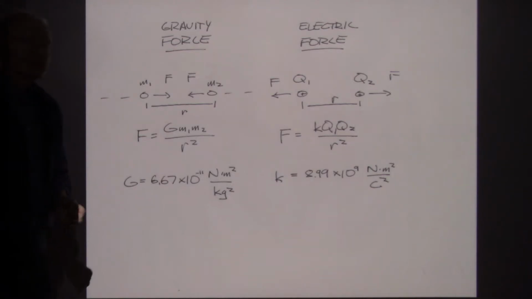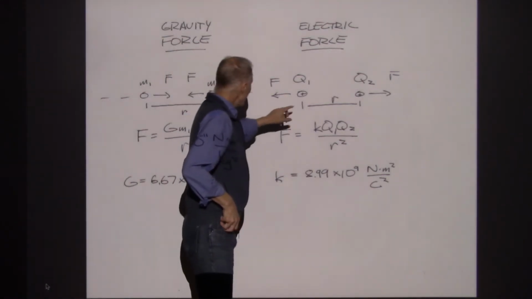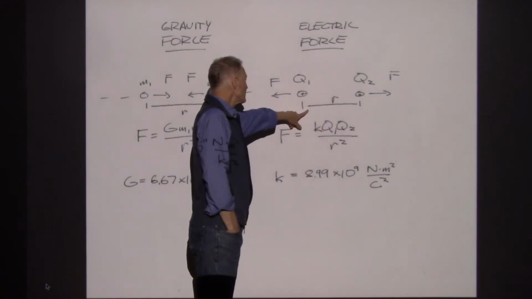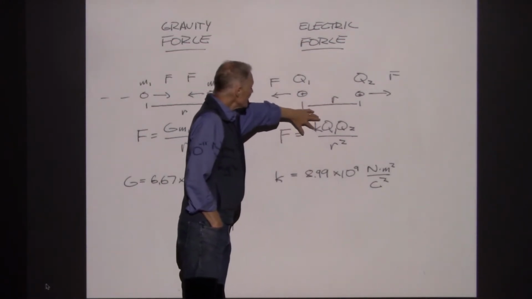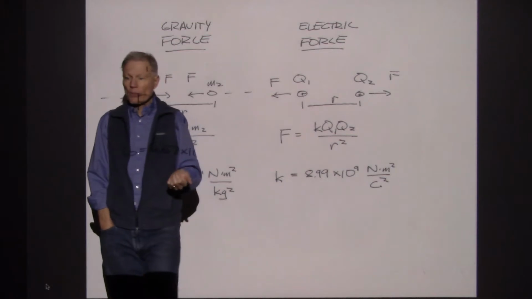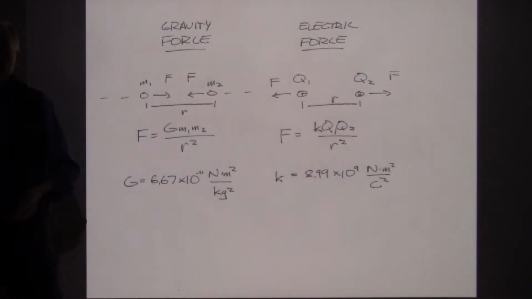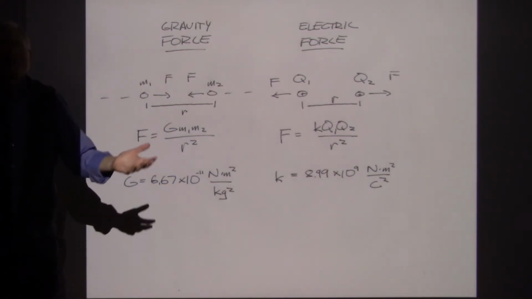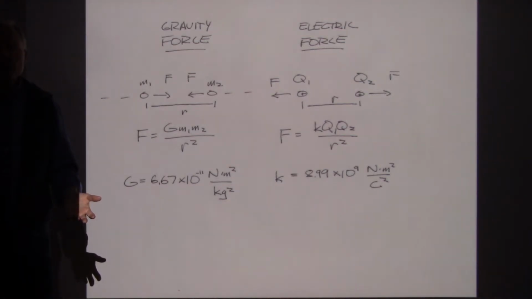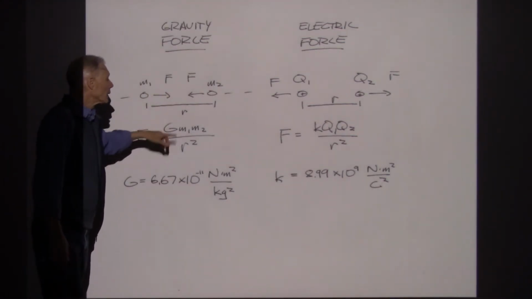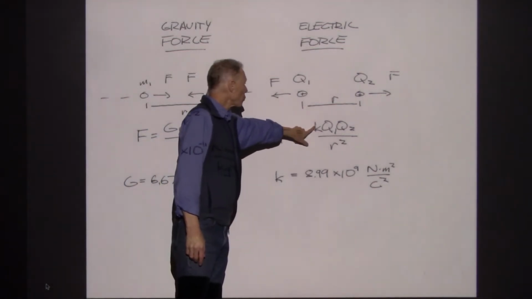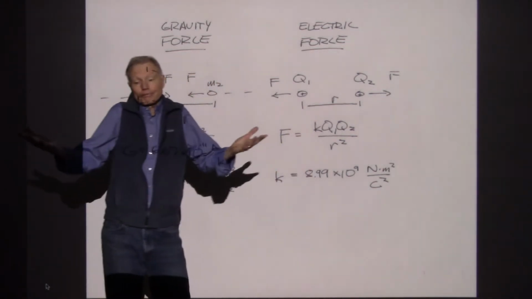What's the electric charge of object 2? And then we measure the distance. The distance works the very same way, so this is just the center to center distance. And of course, since it's a different force within nature, it's going to have a different force constant. Nobody knows why the force constants have the values they have. Why is gravity this strong, and why is the electric force this strong?